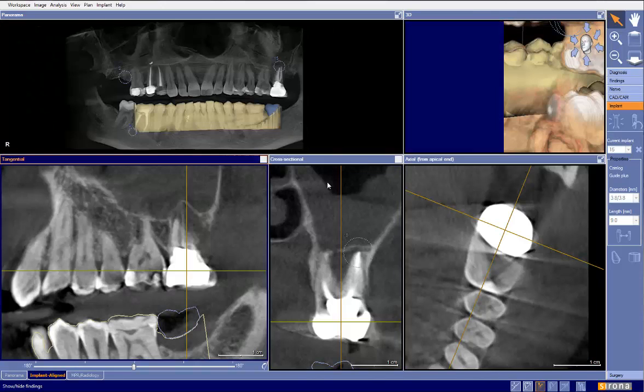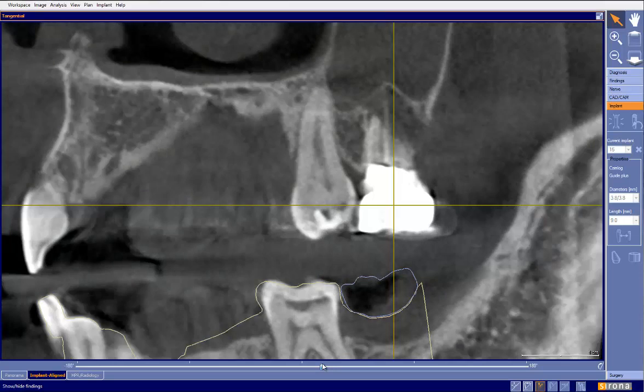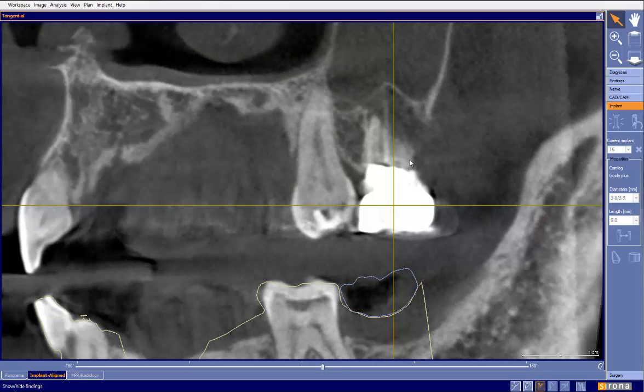The other thing that I wanted to point out here is there seems to be a communication right here. And in fact, as we go around, we can see right here that we've lost the definition of a border.